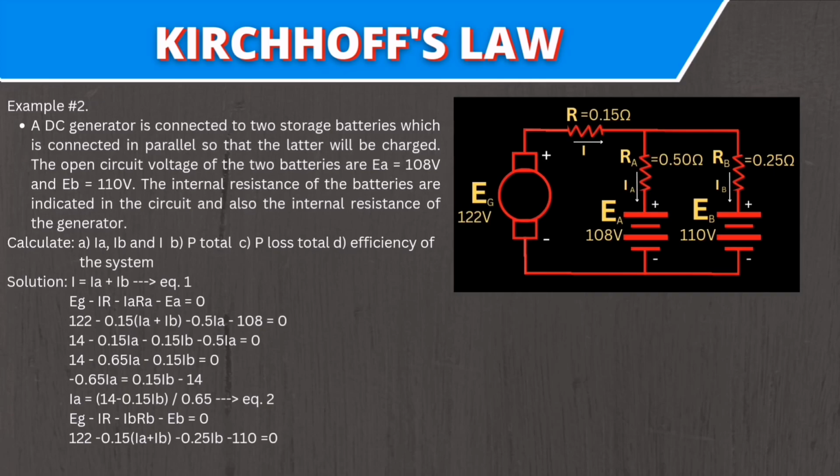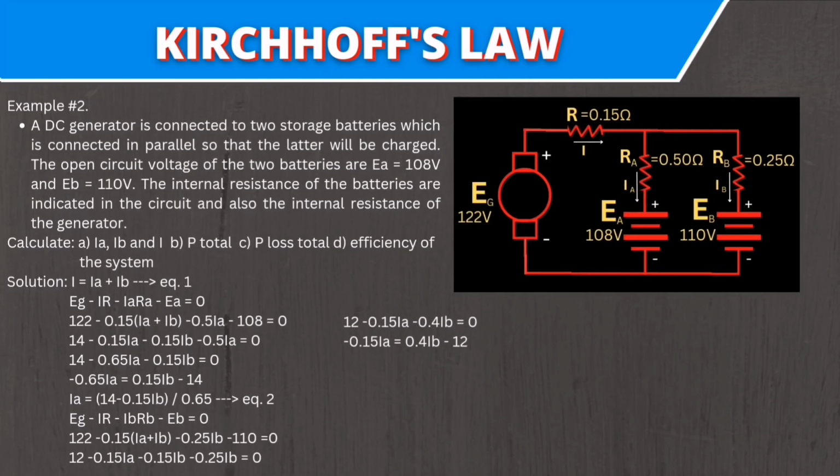So we have 122 minus 0.15 quantity I sub A plus I sub B minus 0.25 I sub B minus 110 equal to 0. 12 minus 0.15 I sub A minus 0.15 I sub B minus 0.25 I sub B equal to 0. 12 minus 0.15 I sub A minus 0.4 I sub B equal to 0.